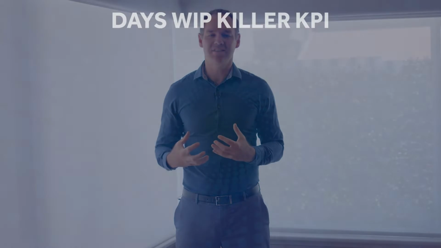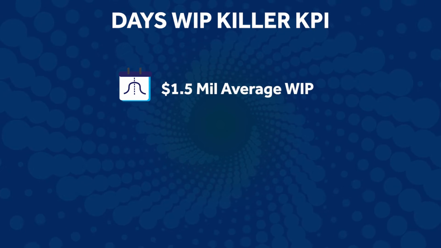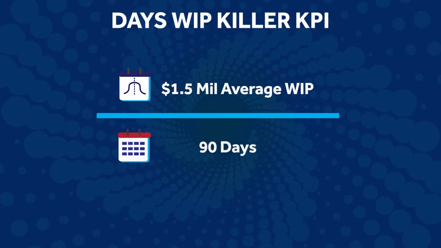You've probably worked out by now the killer KPI for your work in progress calculation. It's what one day of work in progress improvement is worth to your business. So in this case, we've got $1.5 million worth of average WIP and 90 days.